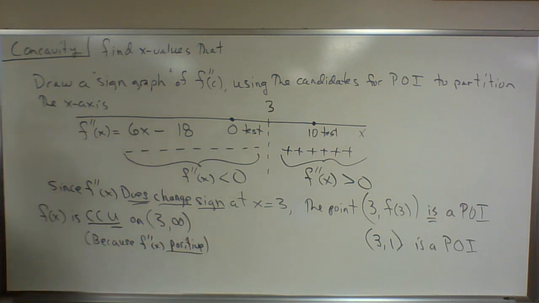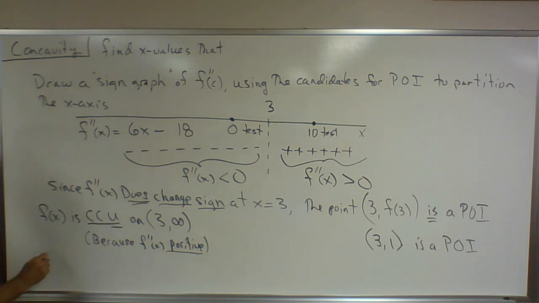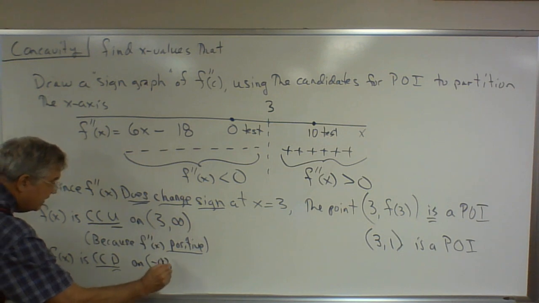And the association that we want to make here: up and positive. Likewise, f is concave down, D for down, on the interval negative infinity to 3.